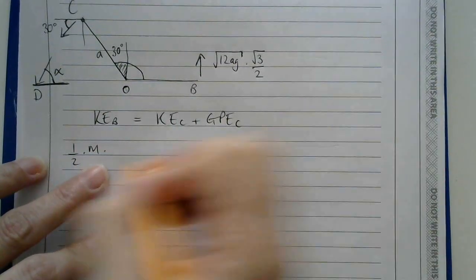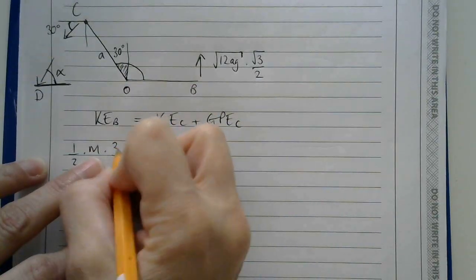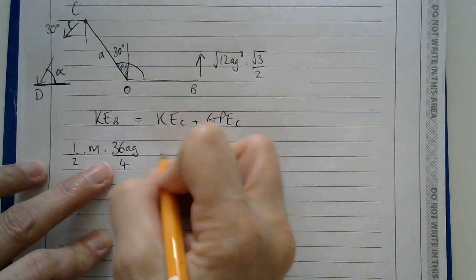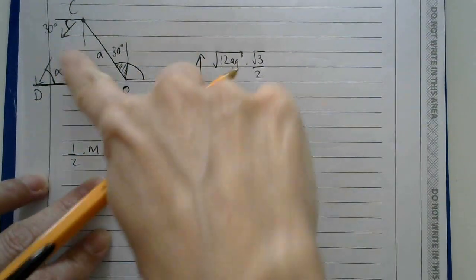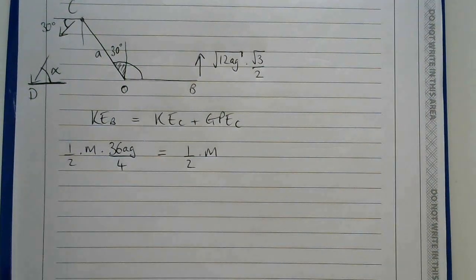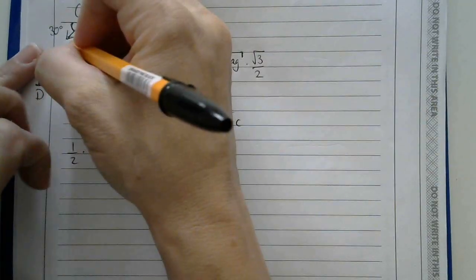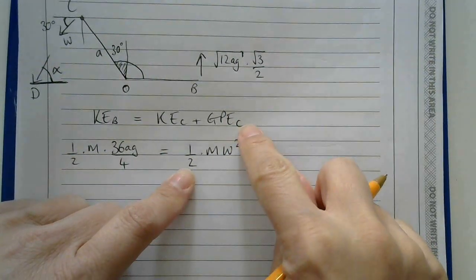So there I would get a 4 on the bottom, and what's 3 times 12 is 36, so I get 36 Ag on the top. Then here I get half times the mass times the velocity here squared, and I've already used V and X, so if I call this something like W squared, plus the gravitational potential energy at C.